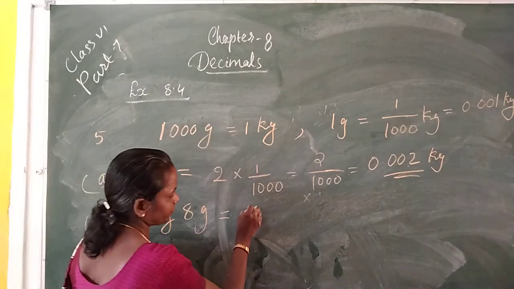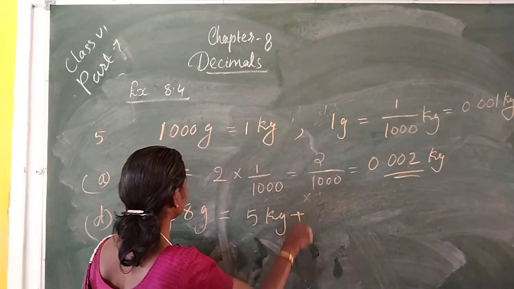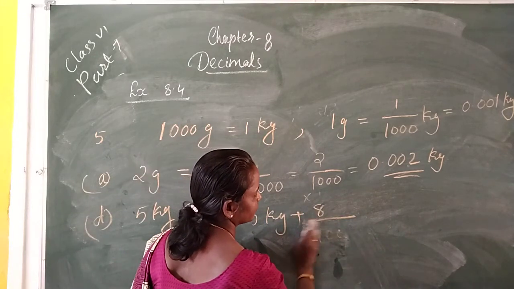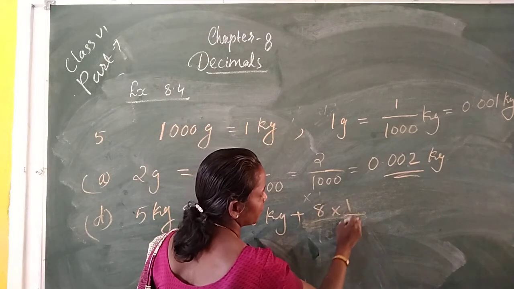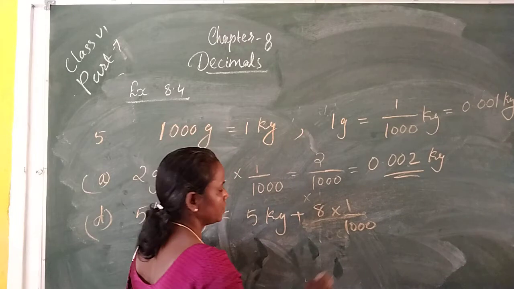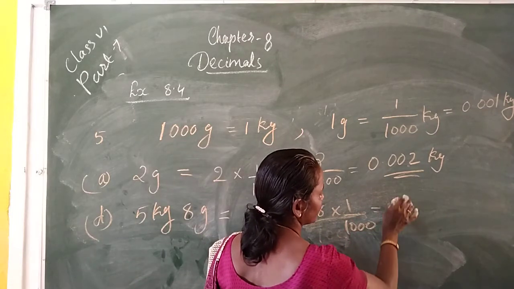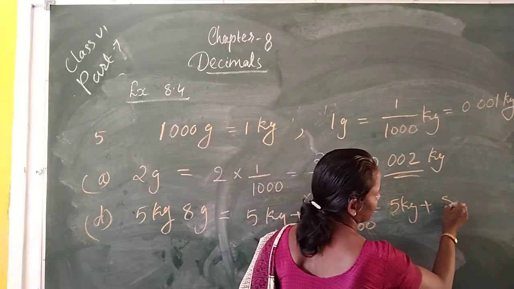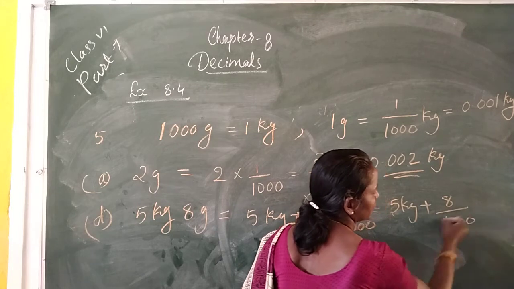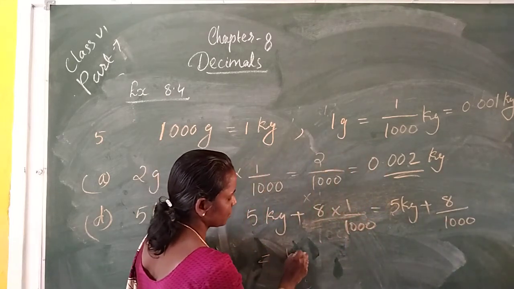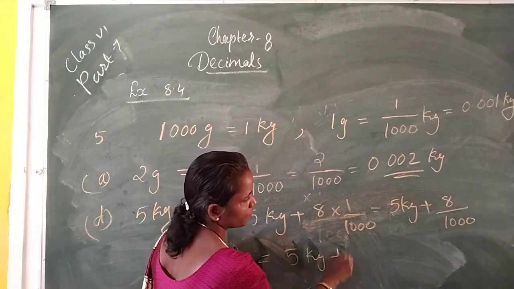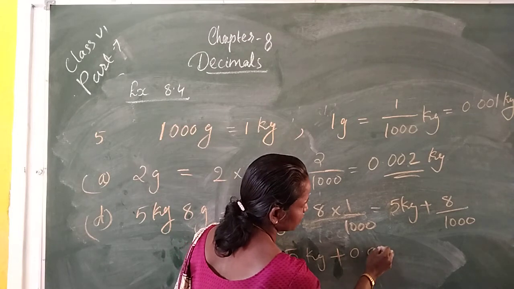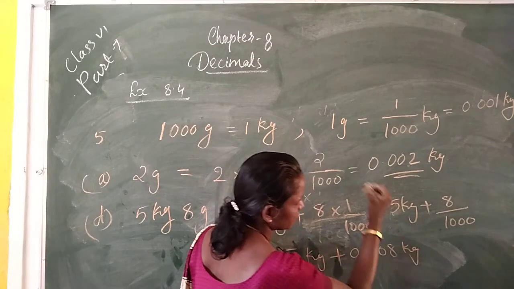So 5 kg plus 8 multiply by 1 by 1000 is equal to 5 kg plus 8 by 1000 is equal to 5 kg plus 0 decimal 008 kg.